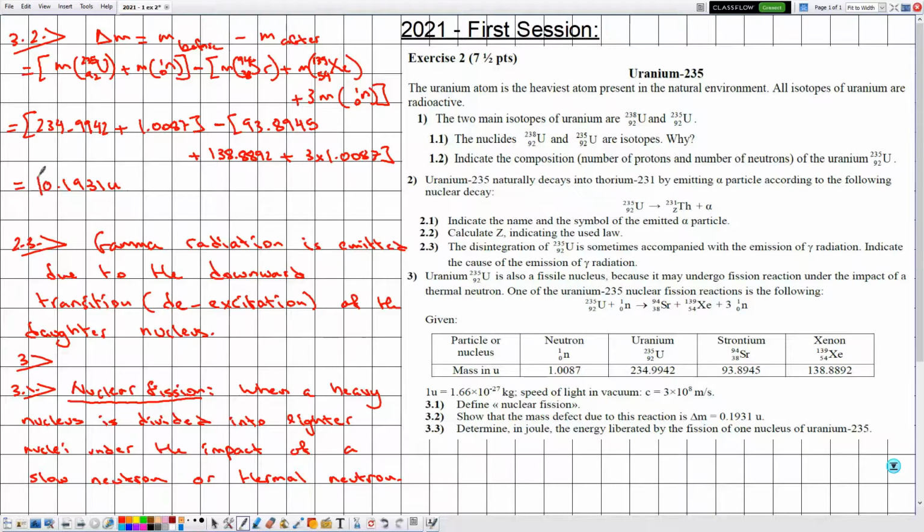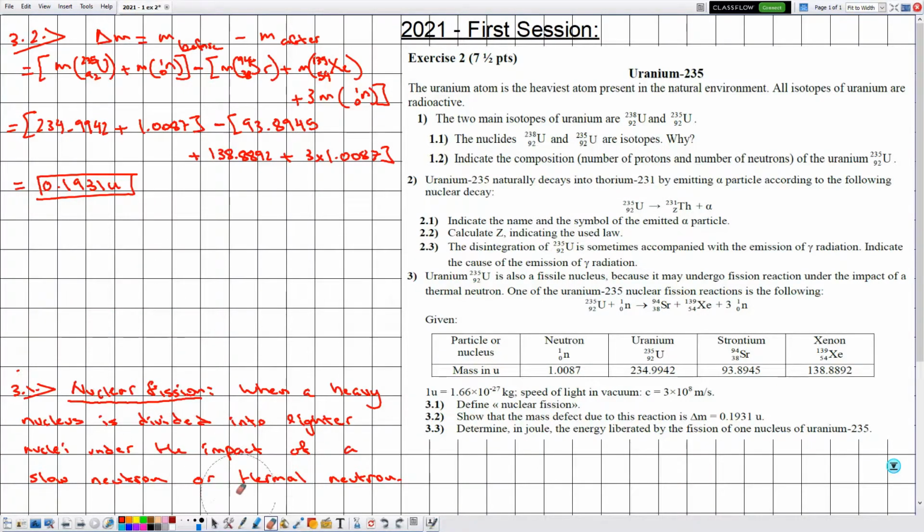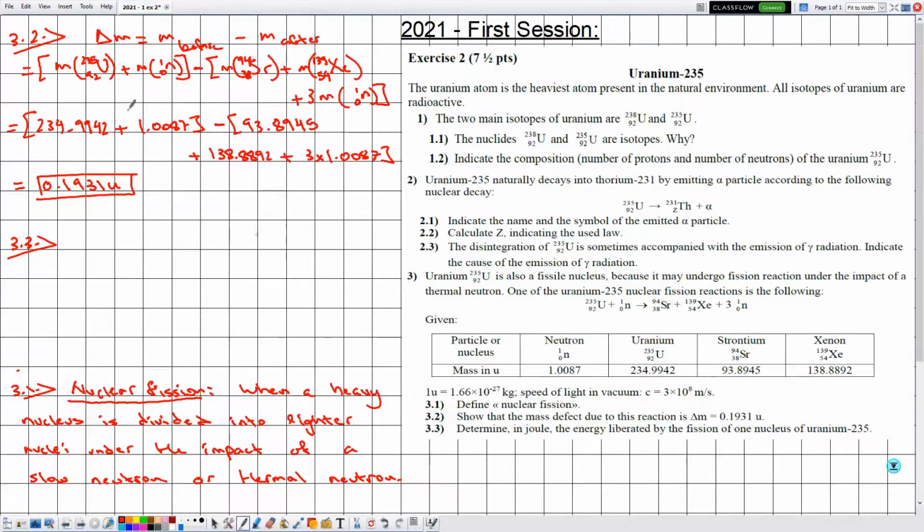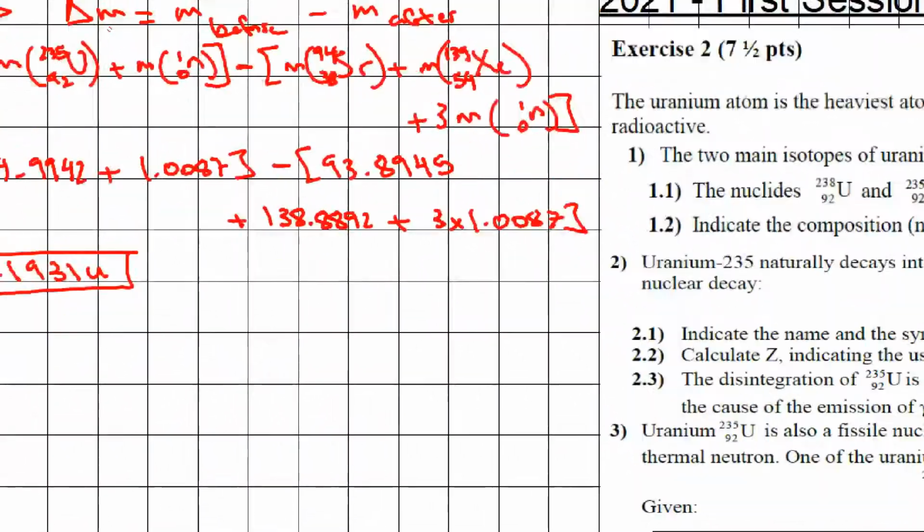Now finally, in the last part of this exercise, they are asking us to determine in joules, so this is important, the energy liberated by the fission of one nucleus of uranium. So this delta m represents the mass defect due to the fission of one nucleus of uranium.